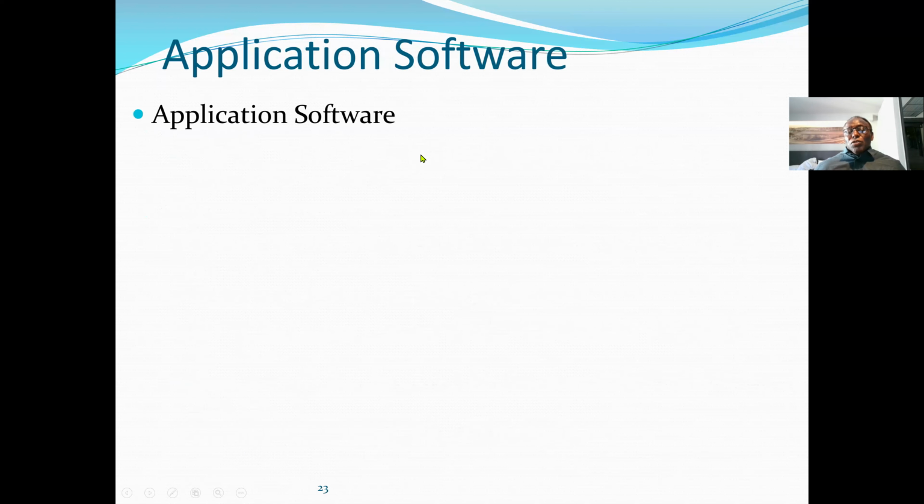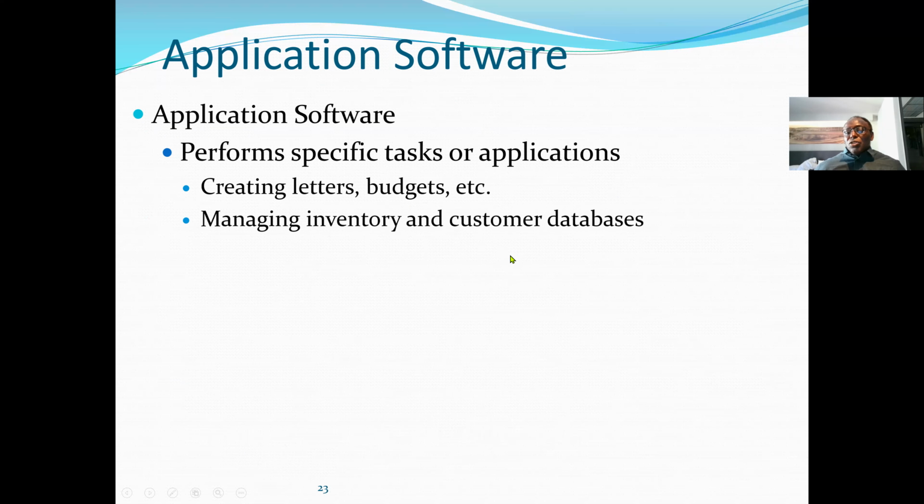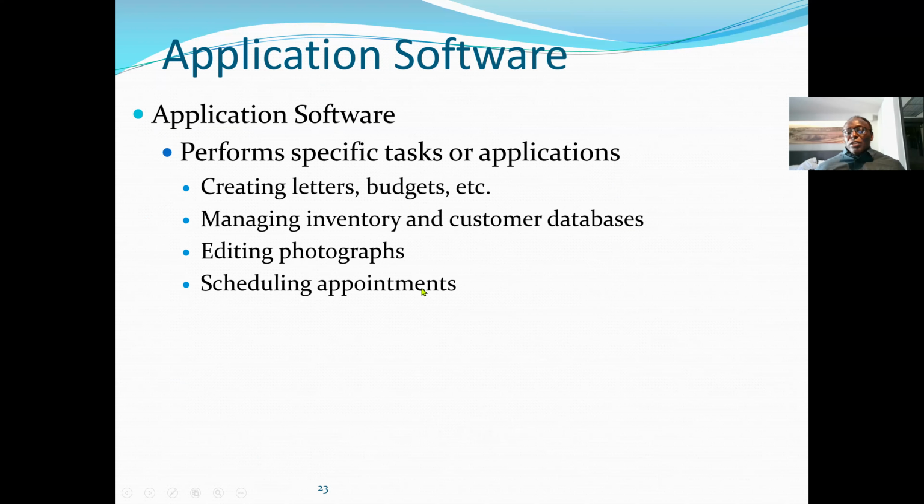Now, application software is any software that performs a specific task. Creating letters and budgets, we can use Microsoft Word. Managing inventory or a customer database can be done with Microsoft Access, or editing photographs. These are all, again, application software that performs a specific task. Scheduling appointments, we have application software that does that.